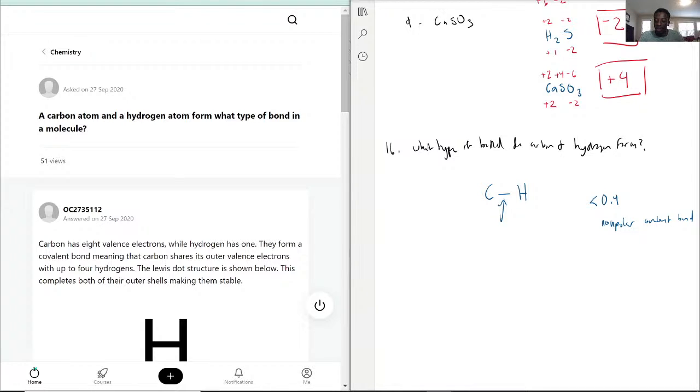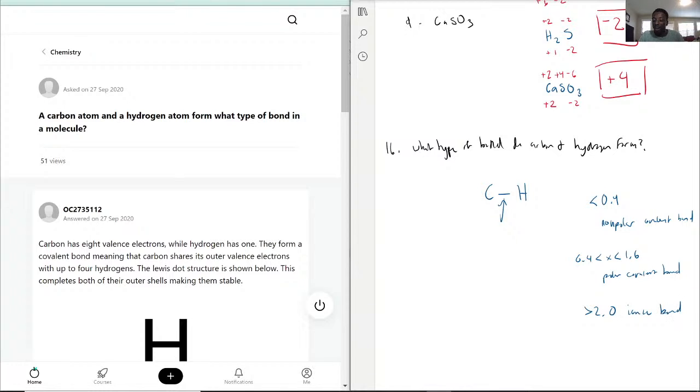Now, if it's between 0.4 and 1.6, this is a polar covalent bond. If it's greater than 2.0, this is an ionic bond.